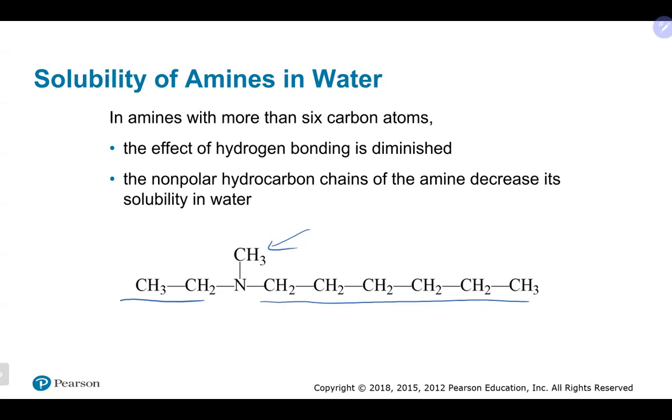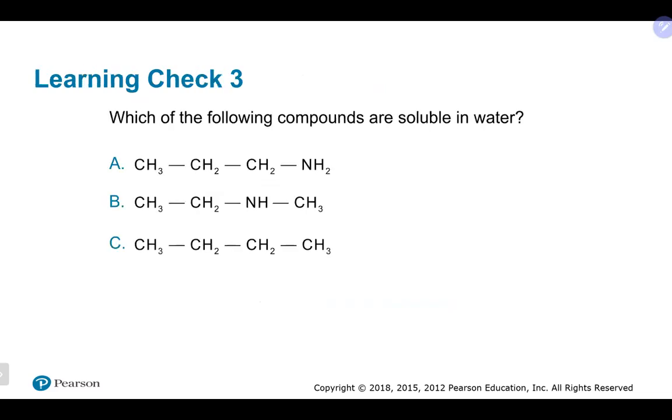Pretty much as we've seen with most organic compounds, that 5 or 6 number of carbons is like the magical number where solubility kind of drops off, because the molecule gets too big and it prevents water from really getting in there and interacting well with it. But if you have something that has a group that can interact with water and it has less than 5 carbons, it probably will be fairly soluble because it does have the ability to hydrogen bond.